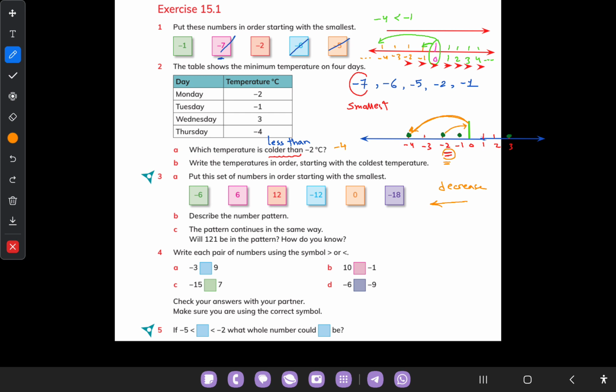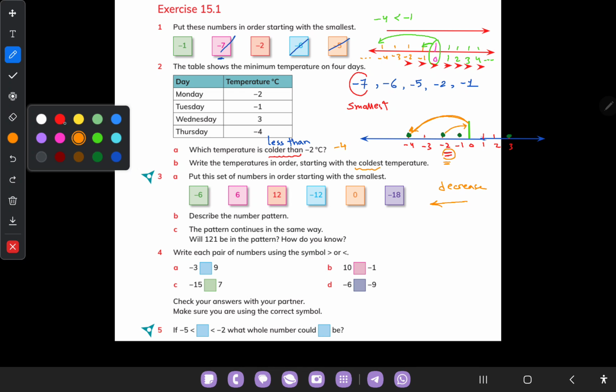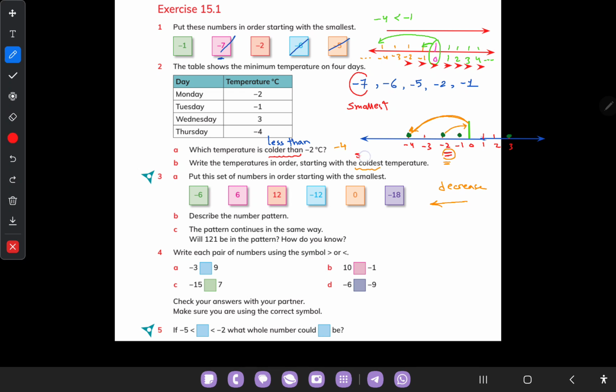For question letter B, write the temperatures in order, starting with the coldest temperature. Coldest temperature means that we have to start with the smallest temperature. And they are already ordered here on this number line. So we can start from what? They are already ordered on the number line that we already drew.